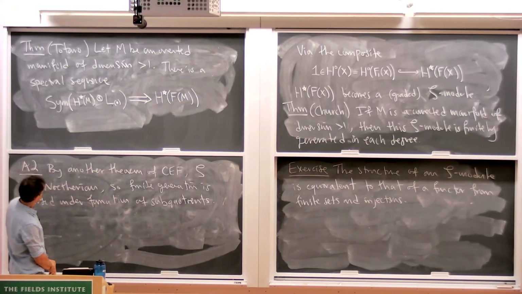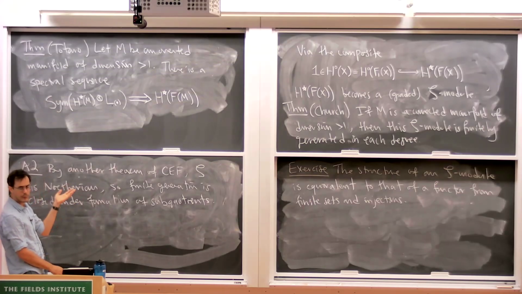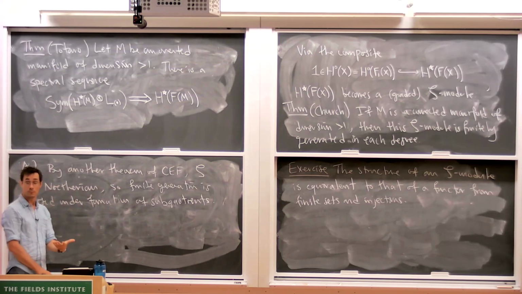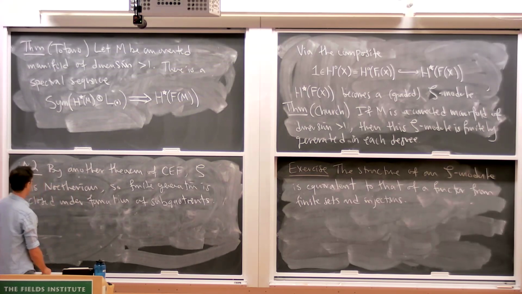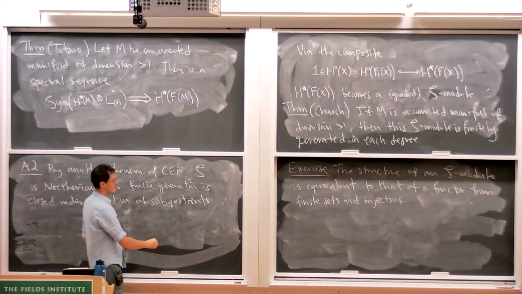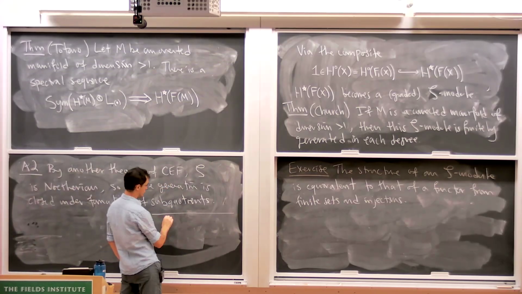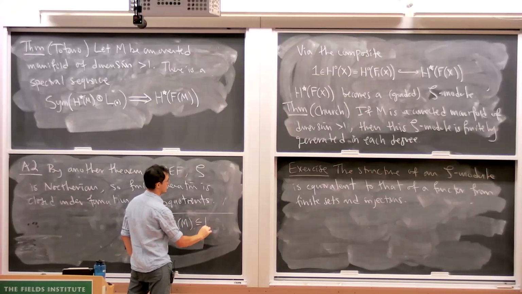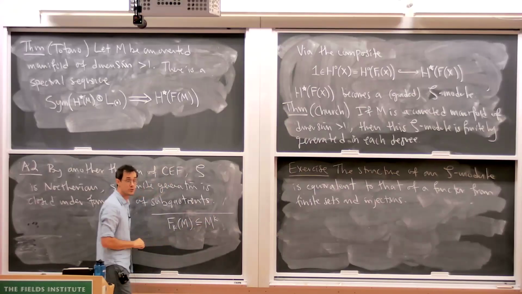So there's a lot to say about this theorem, and most of it I will not say. I'll tell you where it comes from. So what Totaro does is he looks at the Leray spectral sequence for the inclusion of the ordered configuration spaces into the Cartesian power.